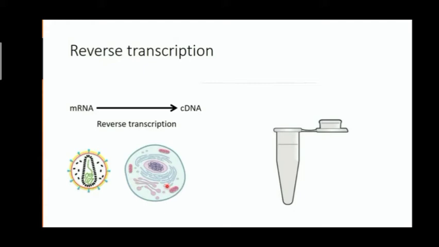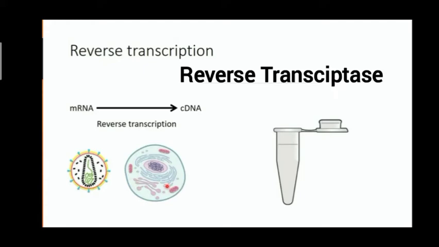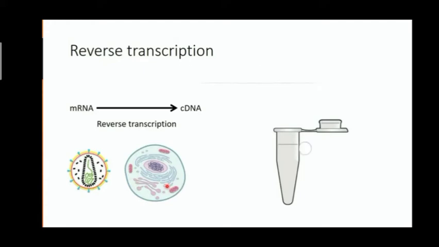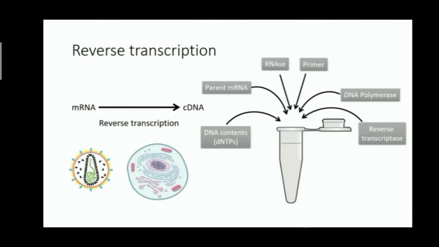In reverse transcription, we know that transcription is the process where the RNA is formed from DNA. So, in reverse transcription, complementary DNA is formed from mRNA with the presence of one enzyme which is reverse transcriptase. RNA, set of primers, set of probes, nucleotides which are dNTPs, reverse transcriptase enzyme and PCR buffer are the key ingredients of the assay.